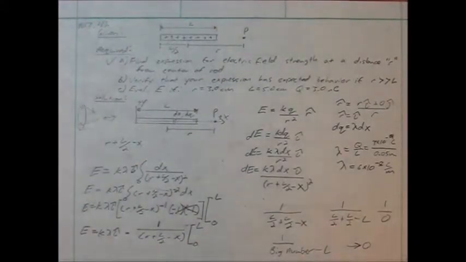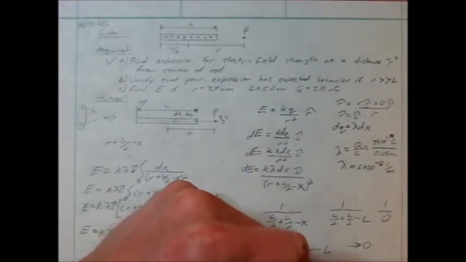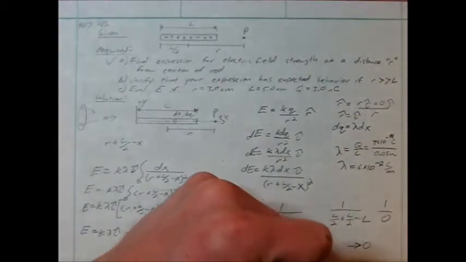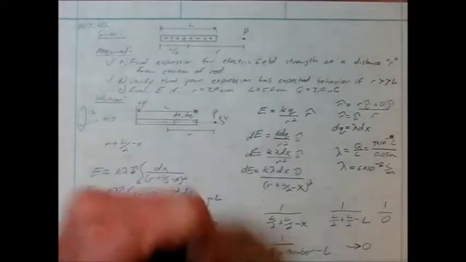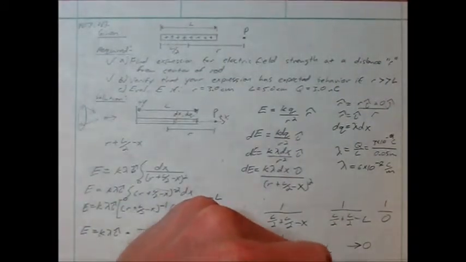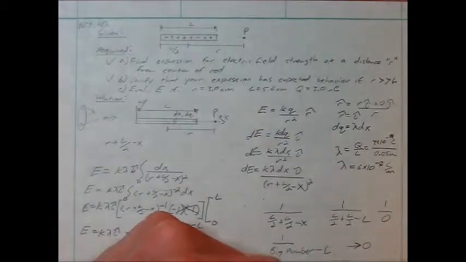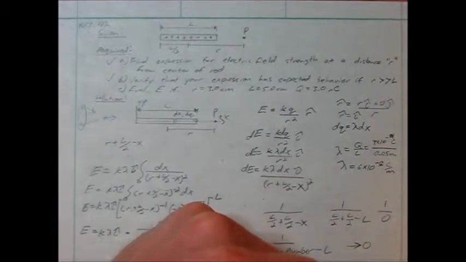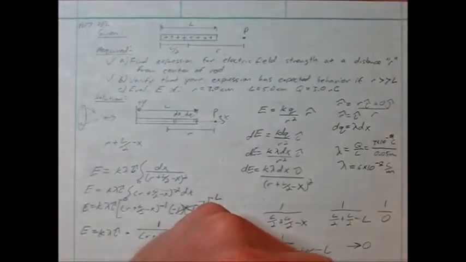Alright, so let me copy down our constants. For our evaluation, R equals 0.03 meters, L equals 0.05 meters, and Q equals 3 times 10 to the negative 9 coulombs.